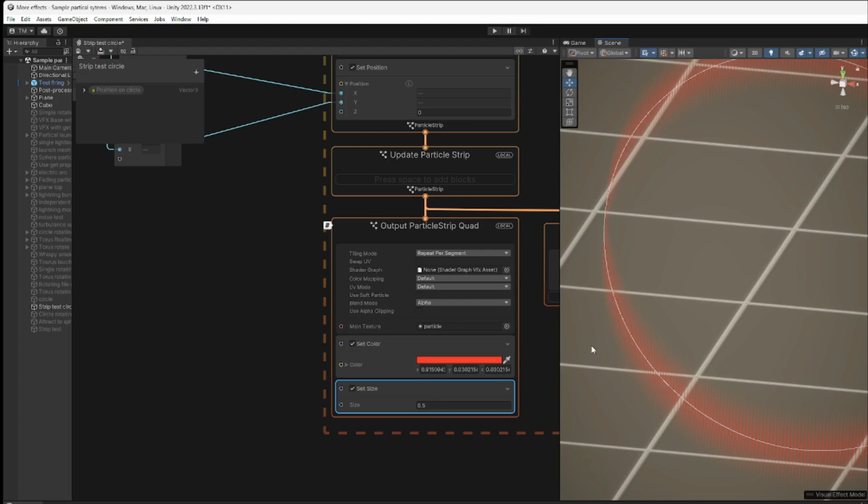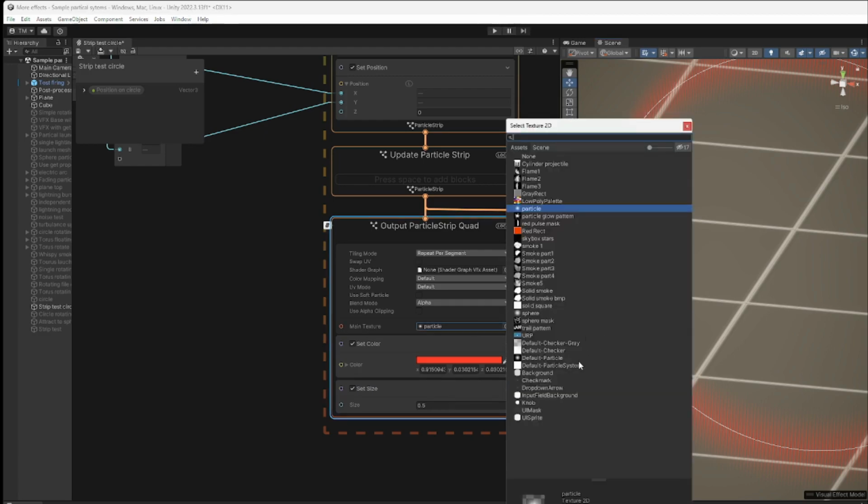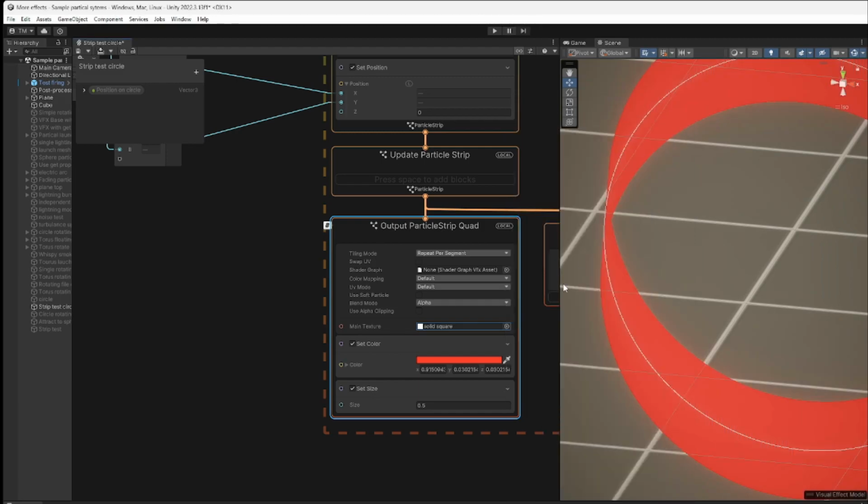In order to do that, first of all, I wanted to have better control to see exactly what was being rendered. So instead of a particle, I made basically this solid square. It's just as it says, a solid square image, so I could see exactly what was going on.